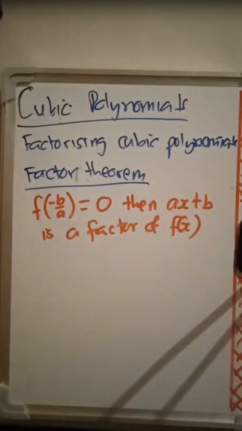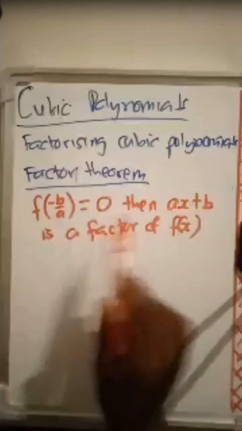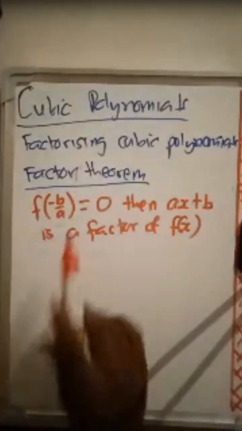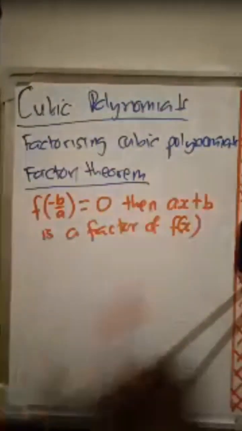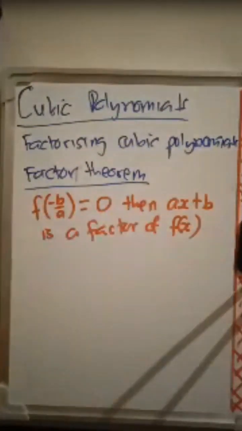Of which b and a are integers, they are numbers.